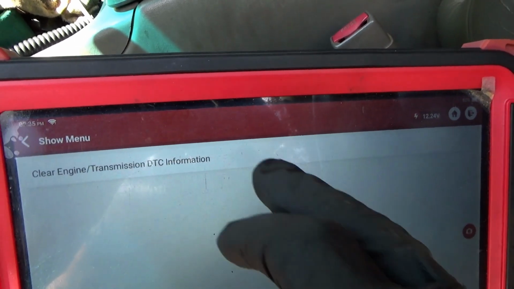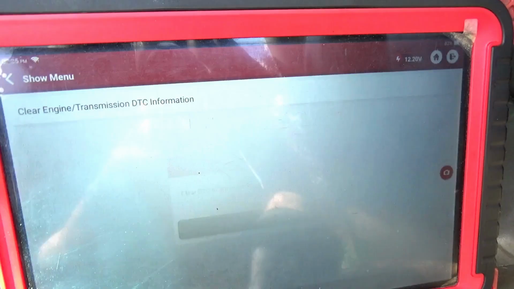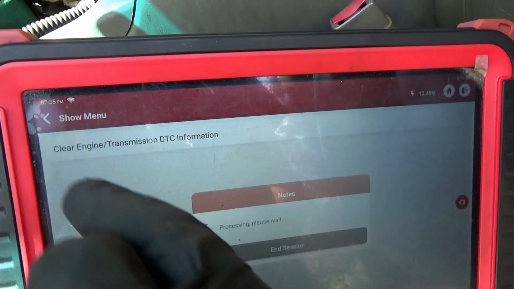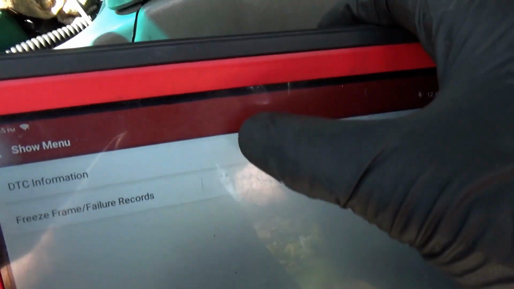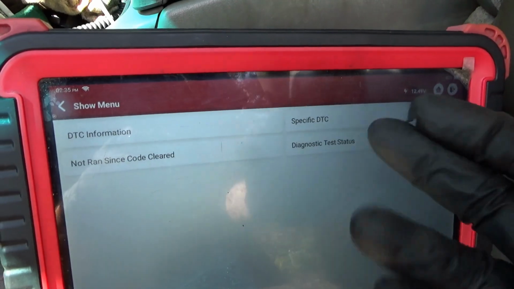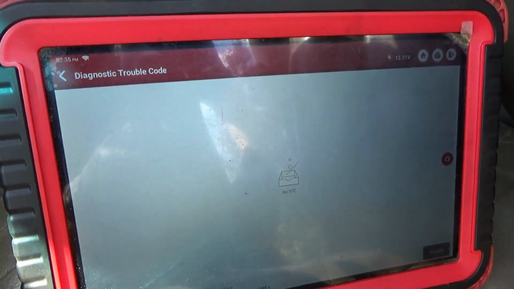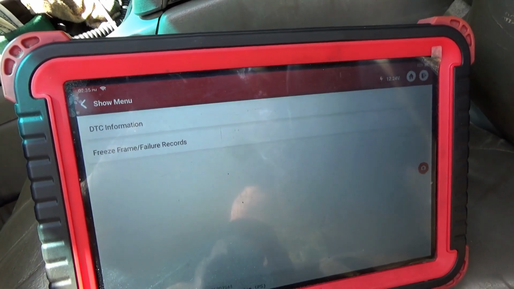Clear fault code, engine and transmission, they both clear at the same time. Yes. Okay, great. Read fault code. So it might say lost communication with glow plug control module because it's unplugged, but it's not setting anything right now. So this truck should be happy.